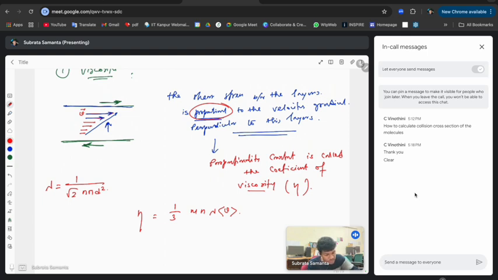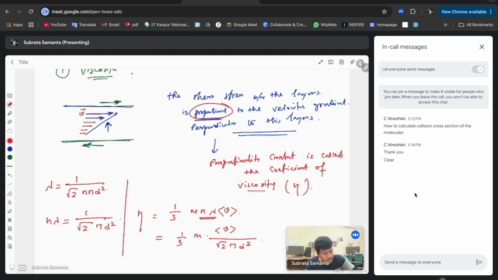If we plug this in, this is basically 1/3 times the molecular mass times v average divided by root 2 pi d squared, because n times lambda is 1/(root 2 pi d squared).